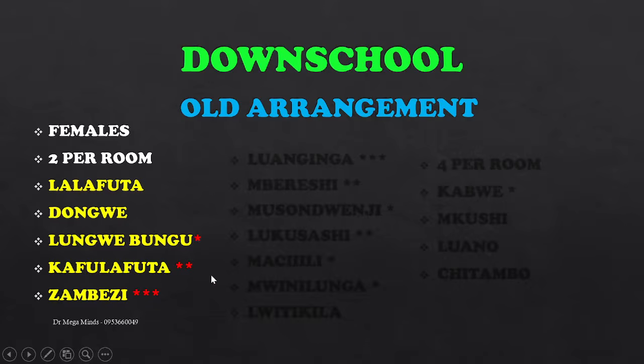And then Kafulafuta is also connected to the genset. Zambezi is also connected to the genset. And Zambezi is one of the best hostels. Girls, this is one of the best hostels you can go for. You can even see the 3 stars. At Zambezi hostel, you are going to find it is connected to the genset.